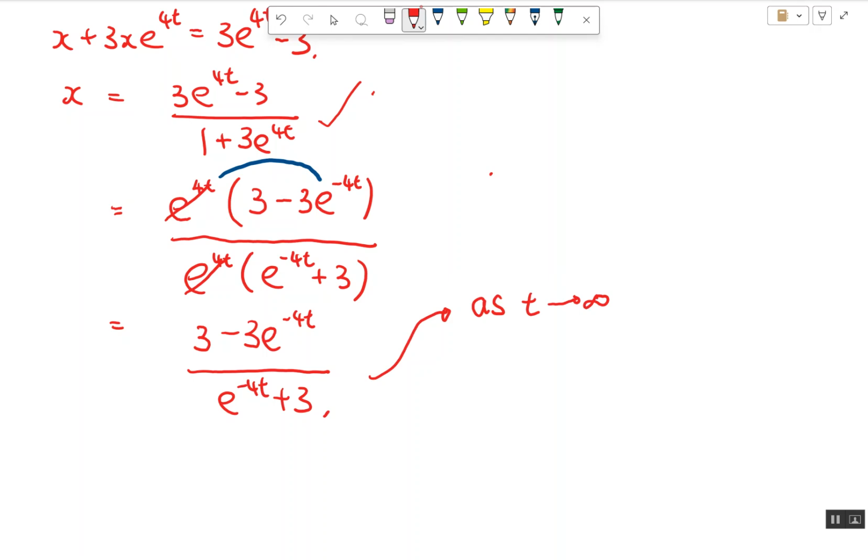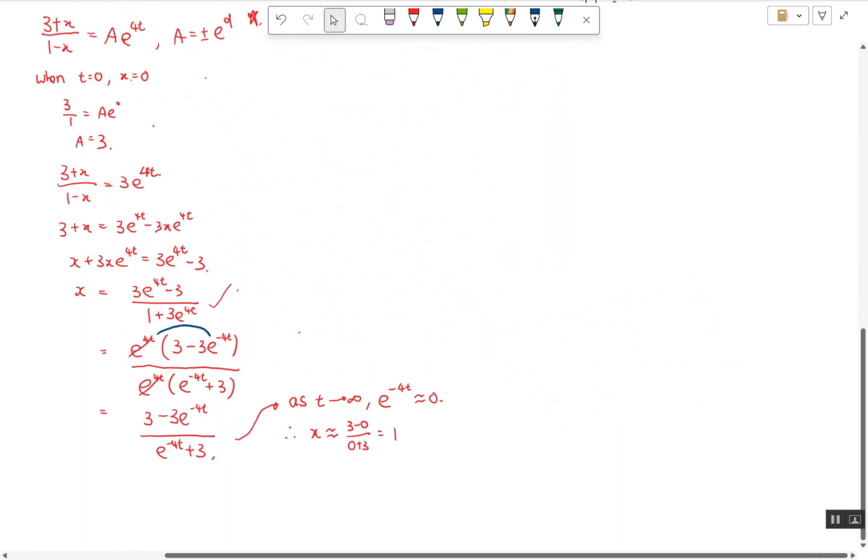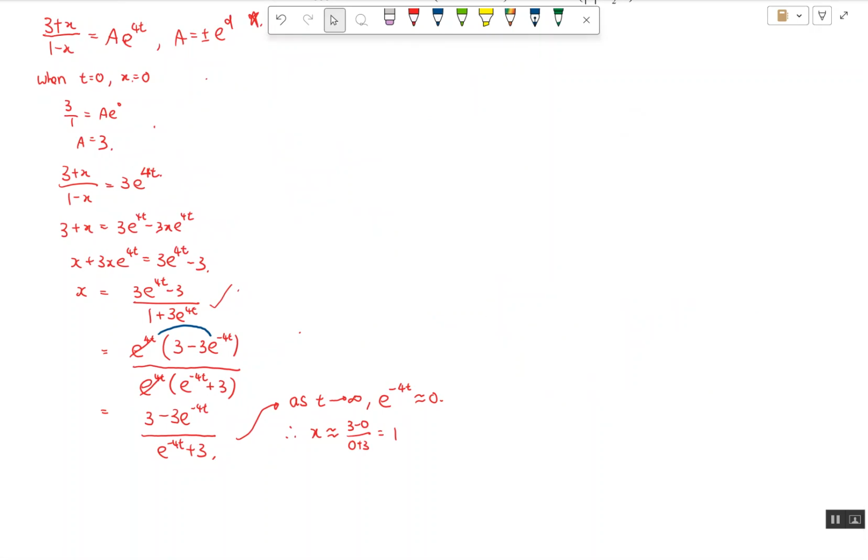It means as t approaches infinity, e^(-4t) will approach 0. Therefore, x will approximate to (3 minus 0) over (0 plus 3), which is equal to 1 in the long run, which is what the question said at the start, because the amount of petrol will stabilize, will become a constant, in the long run.